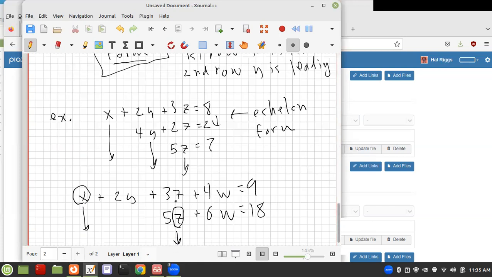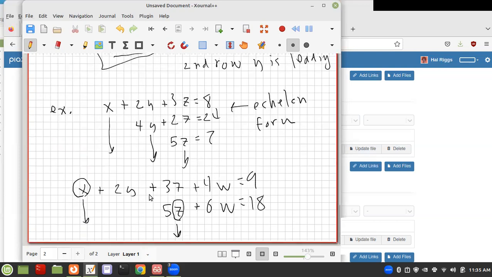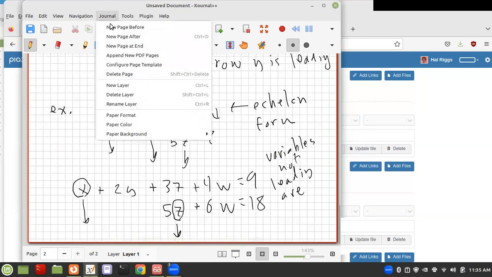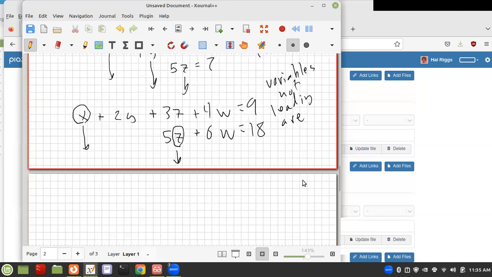You can see that for this system, there are other variables that aren't leading. Like Y is not leading, and W is not leading. Variables that are not leading are said to be free. So that's the definition of free variables. They're ones that are not leading.